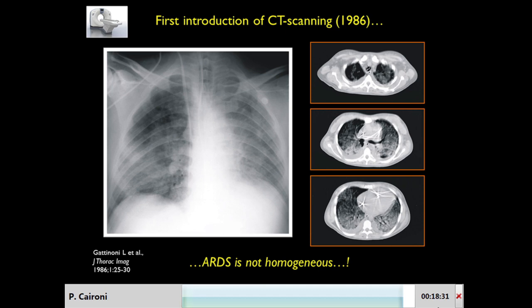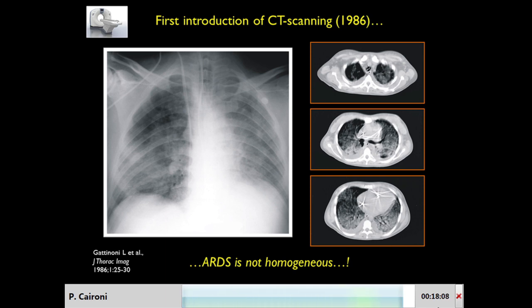There was a big surprise, because what was usually thought to be a homogeneous disease was actually not homogeneous. With CT scanning, it was clear that there were quite normal lung regions, and the disease of the lung was localized more in the dependent part of the lung.